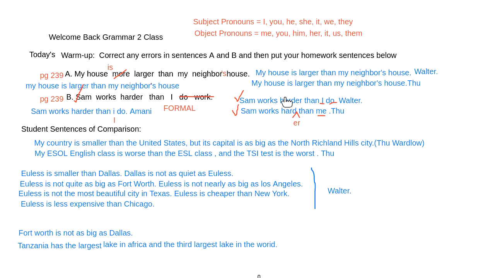Okay, guys, let's check your sentences. Let's see what kind of damage you did to the English language. I'm just kidding. Okay, my country is smaller than the United States, but its capital is as big as. Good. I have to give you a big clap for this one. You've got all the right words in all the right places.